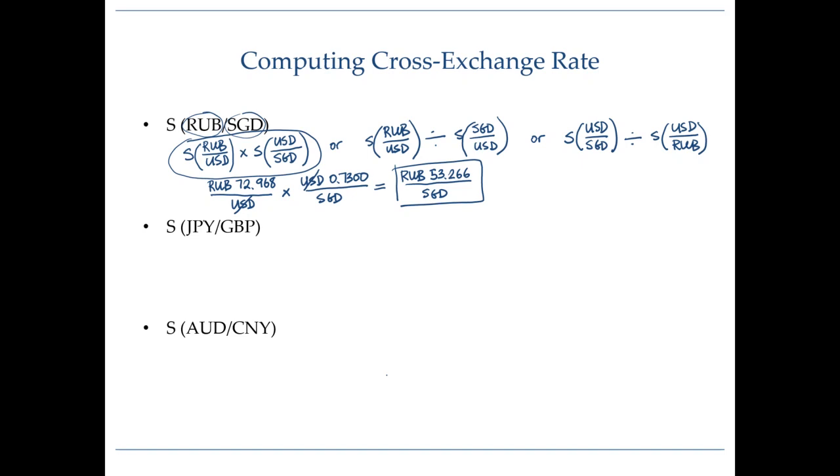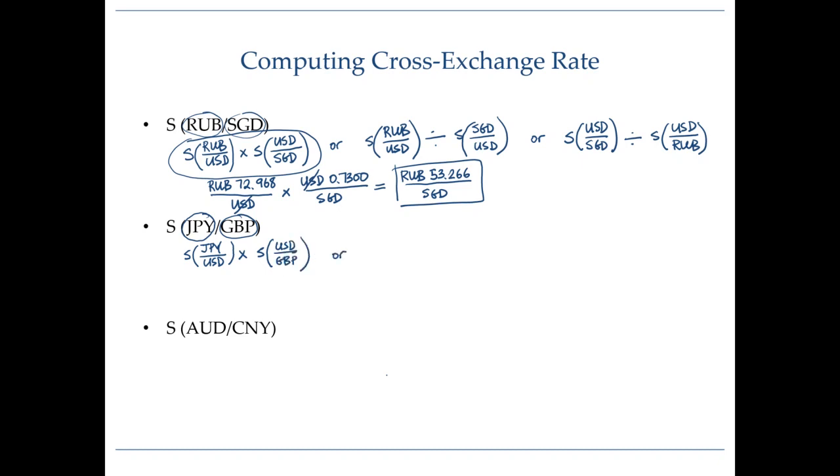Next we're looking at the Japanese yen price of the British pound. Just like before, we have three possibilities. We could take the spot rate quoted in indirect terms, or European terms, for the Japanese yen, that is, how many Japanese yen are equivalent to 1 US dollar, and multiply it by the direct quote for the British pound, the dollar price of the British pound.